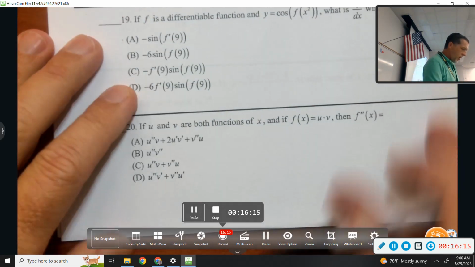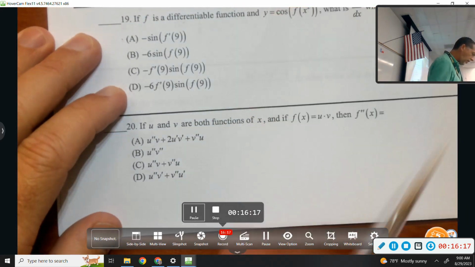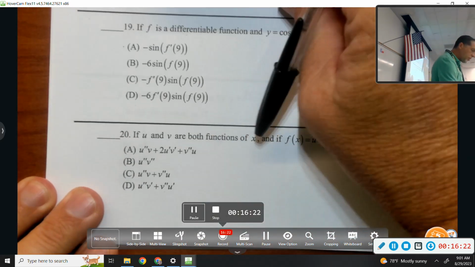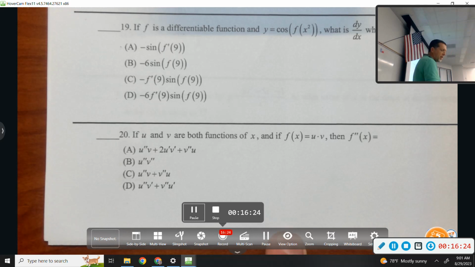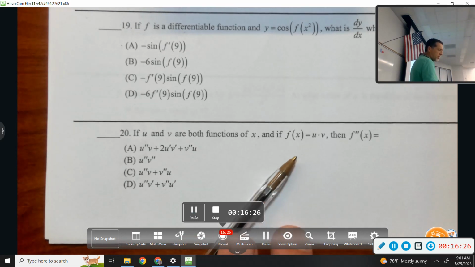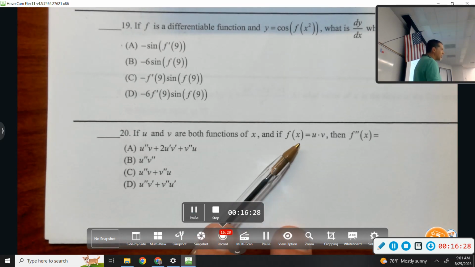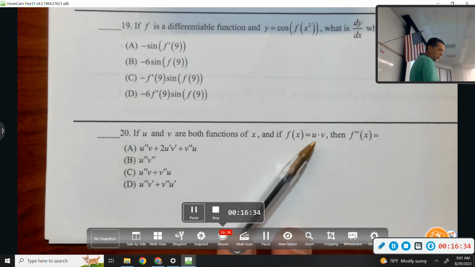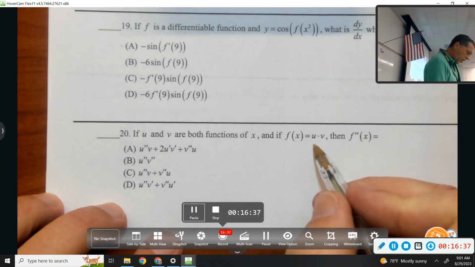All right, last one. I don't know if this is easier or harder, but there are no functions there. They're just names of functions. So I don't have to know any of the specific rules. All I need to do is use the product rule.